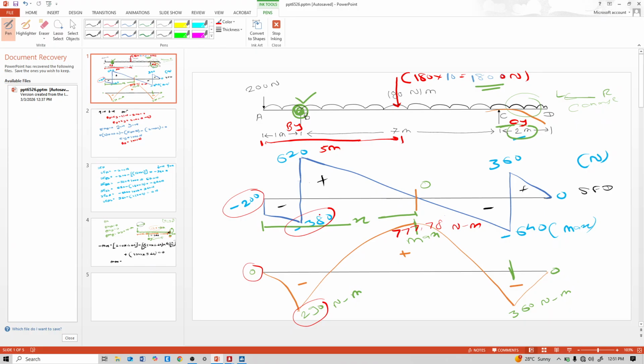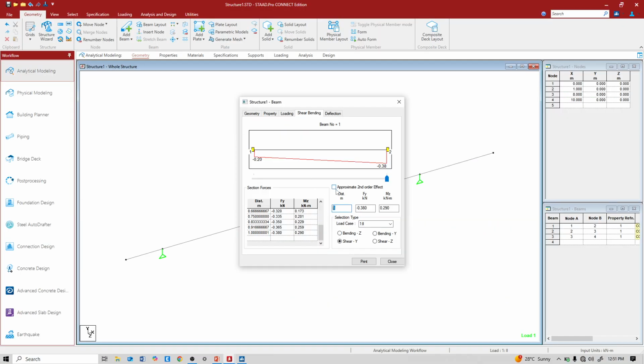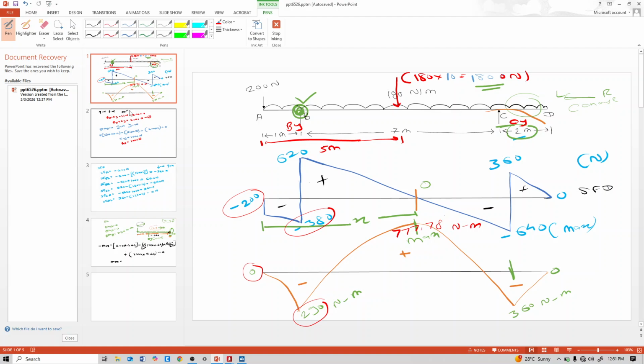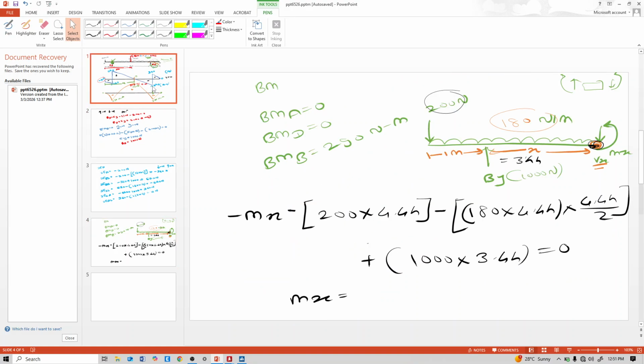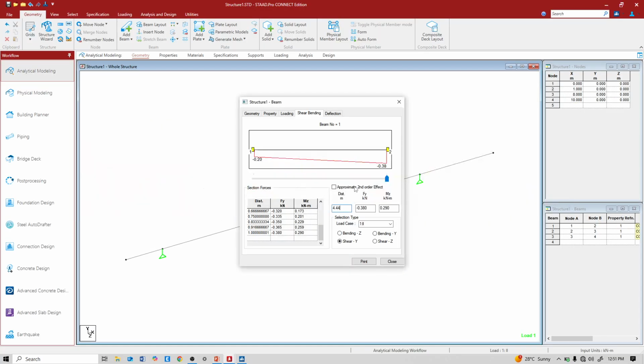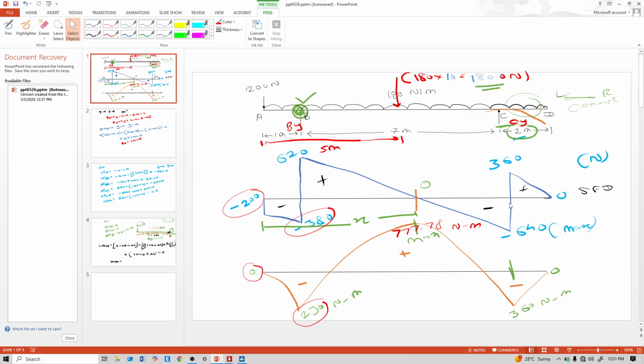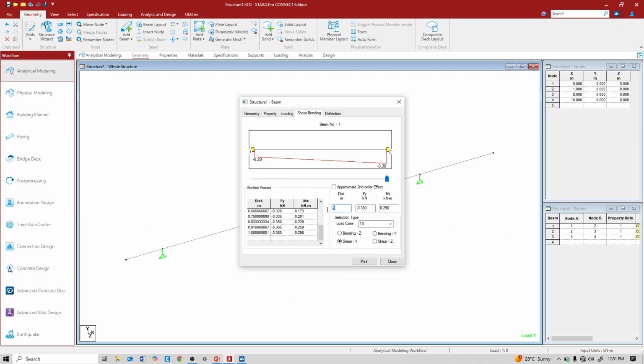Now next, calculate for 4.44. See, for 4.44 it is, check for this 8 meter distance.